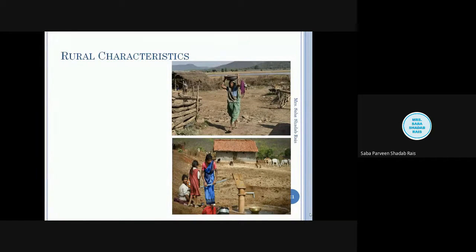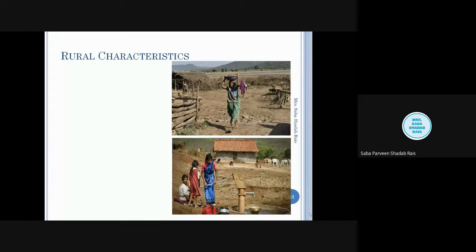But these rural people stay in an area with fewer facilities compared to the urban area and face many challenges. So we will be discussing the characteristics of such rural areas, and it is really very important to understand.